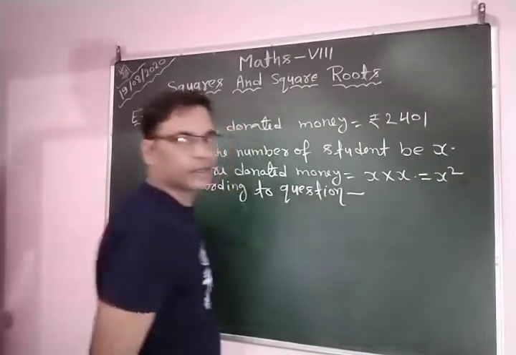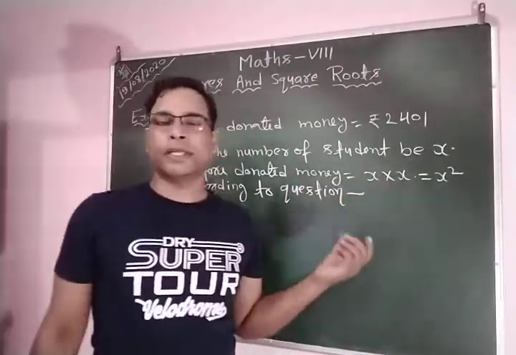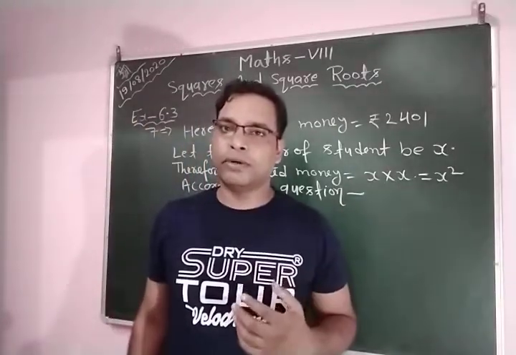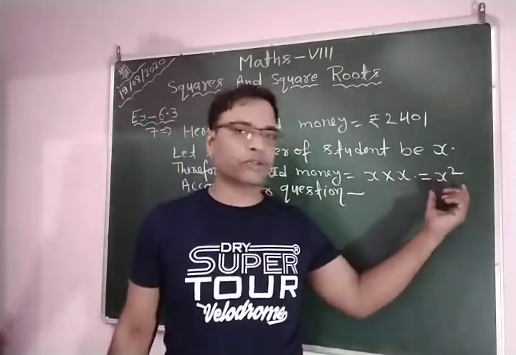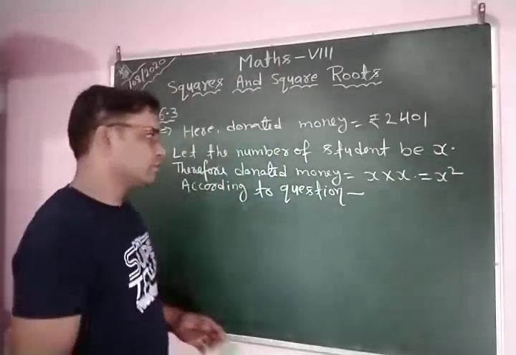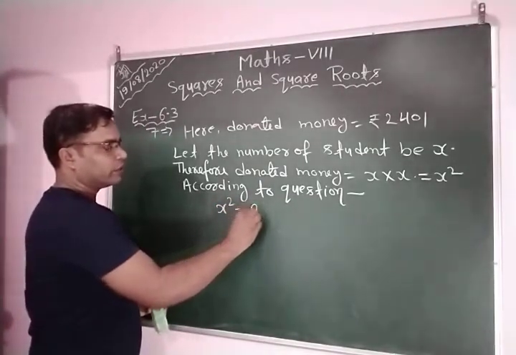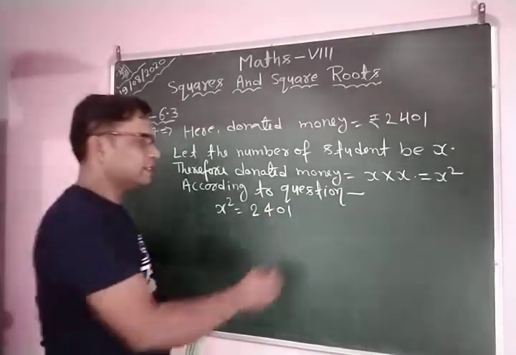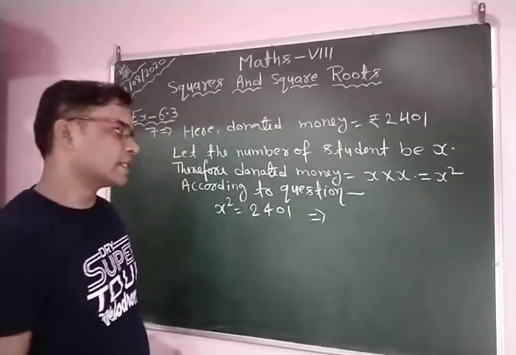If the class has x students, then the total amount contributed by this class is x into x, which is equal to x square, but this is given as 2401 rupees. So according to the question, you can write x square is equal to 2401 rupees.